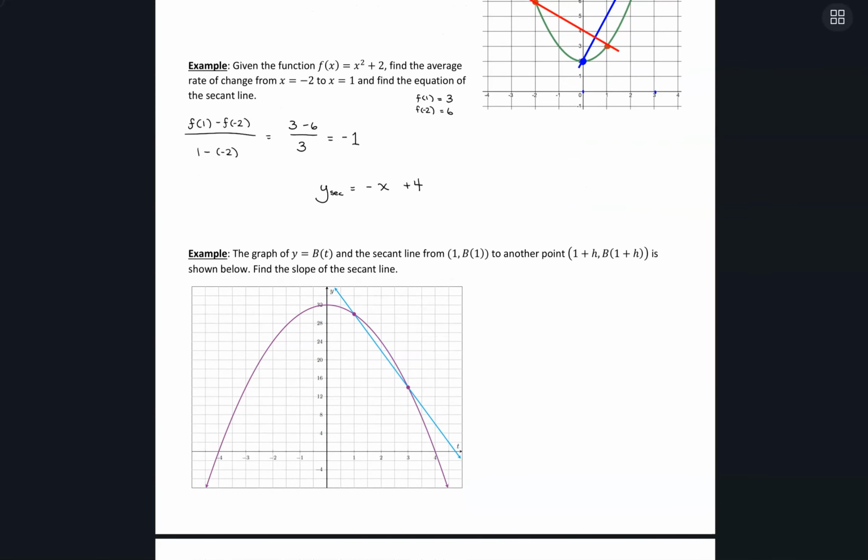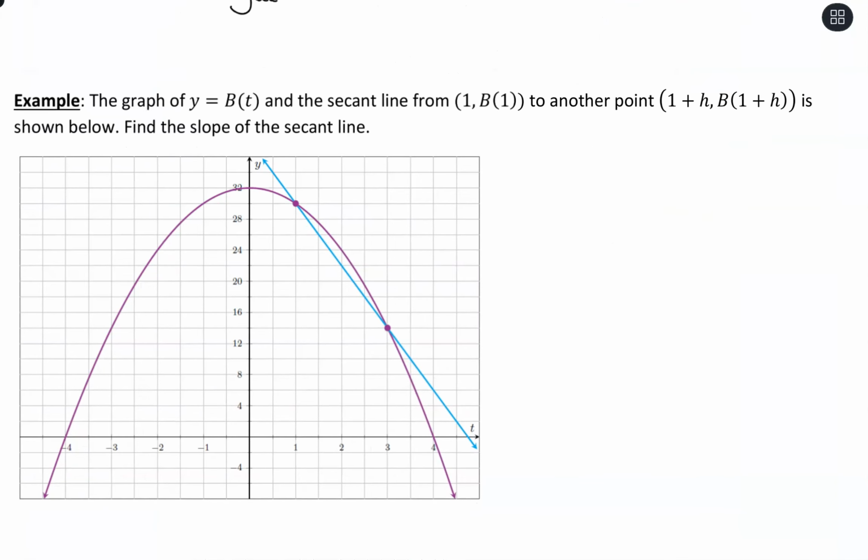So if we take a look at what's happening with the bee population that we were looking at in the last video, what we could do is look at the secant line from 1 and b of 1. So that would be this coordinate right up here. It looks like we're at 130.